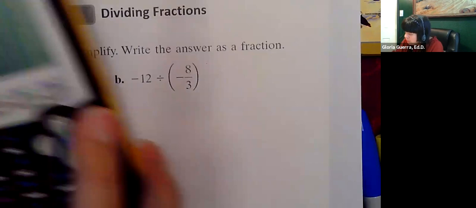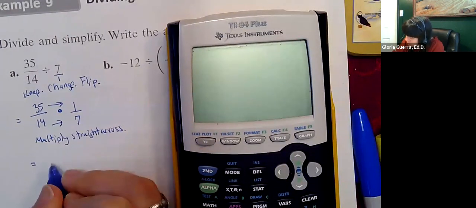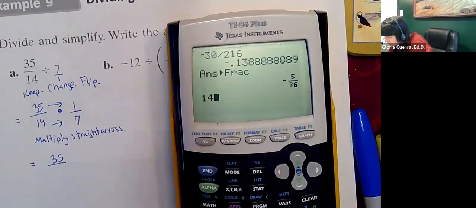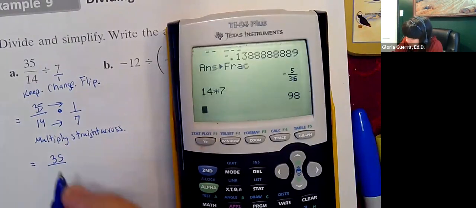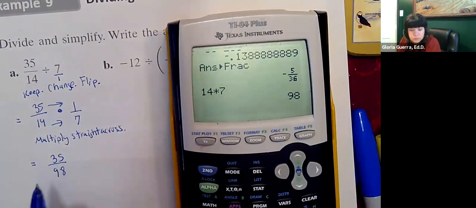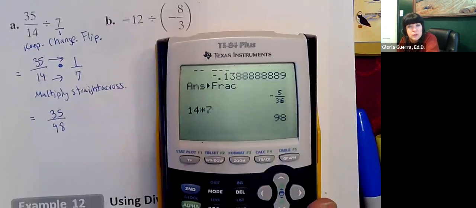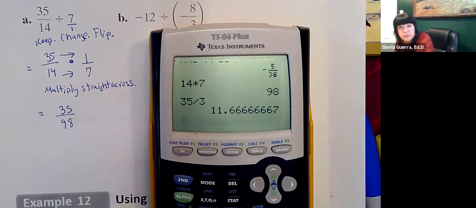35 times 1 is 35, and 14 times 7 is a big number, that is 98. And then let's see if that can be reduced. 2 won't work because 35 is not even. And I don't think 3 will work, because 35 divided by 3 doesn't work.